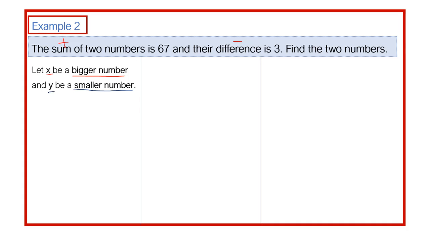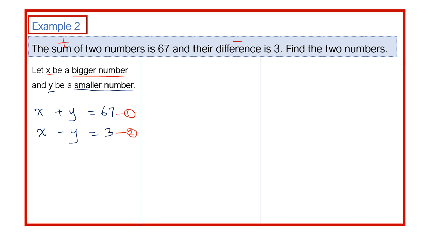Okay, so the sum of two numbers is 67. So if the big number is x, the small number is y, their sum is 67. Their difference is 3. The big number x minus the small number, which is y, gives 3. We can say that this is equation number 1 and this is equation number 2.